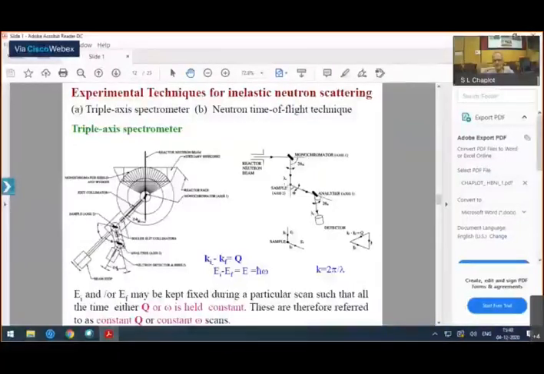It falls onto a sample. The spectrometer has the possibility of all kinds of 4pi movement around the sample. So you go in a particular direction and again do the energy analysis using another crystal, look at the Bragg reflection, and then measure. And then you have a neutron detector.